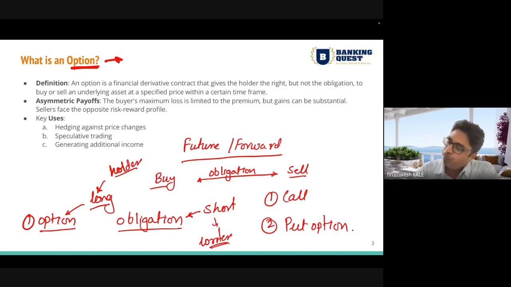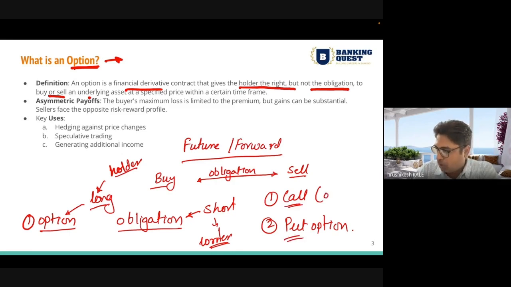Okay. An option is a financial derivative contract which gives the holder a right but not an obligation to buy or sell. So if you want to buy the asset, you do a call option. If you want to sell the asset, you use an option to sell.